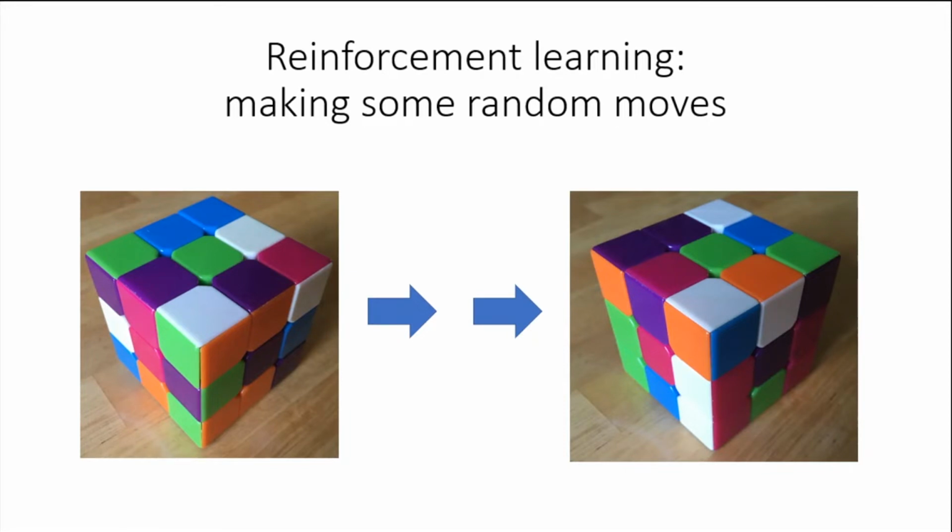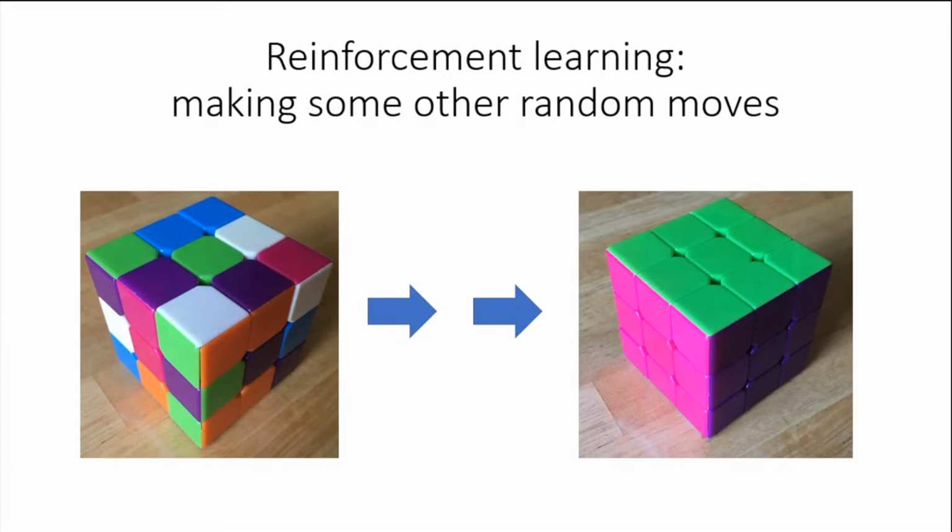The agent starts with the Rubik's cube in some random position, and the agent makes some random moves, and it arrives at some other position of the Rubik's cube, which is also not the solved Rubik's cube. On the other hand, perhaps some other random moves which the agent uses can lead to a solved Rubik's cube.